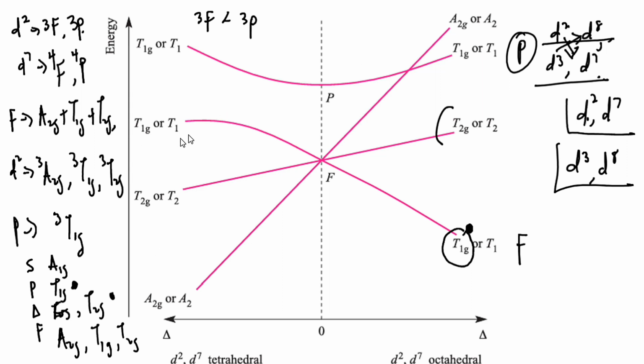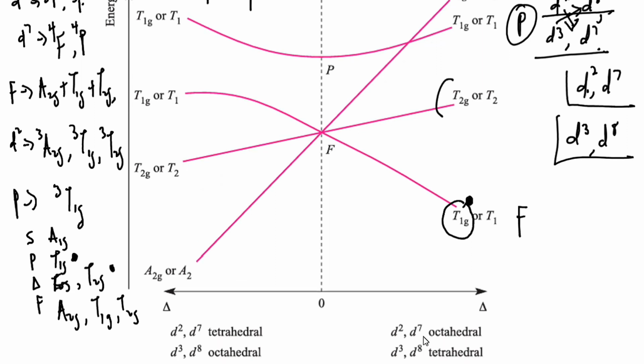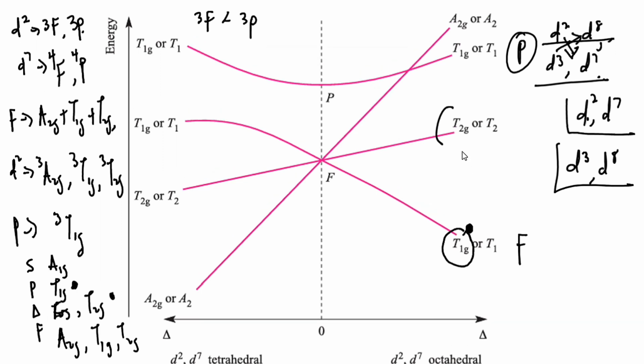So now, knowing this arrangement, you can say that the possible transitions in D2, D7 octahedral, or in D3, D8 tetrahedral are 3. So let's look at them. The first transition is T1G to T2G, or T1 to T2, where this T1 is from the F orbital.